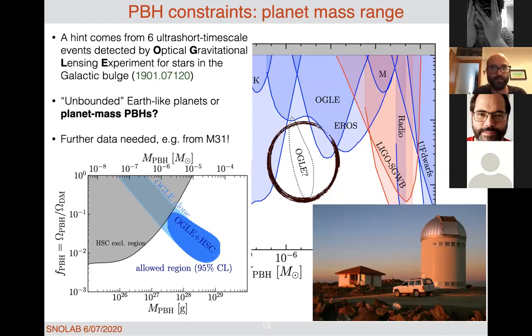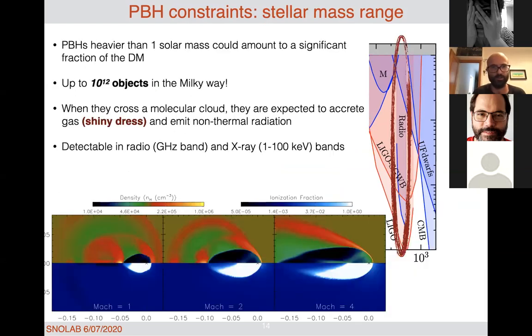And this hint, if confirmed, could reveal that at least a portion of dark matter is embedded in primordial black holes in this mass range. So this is quite interesting. It has to be confirmed, of course, by independent measurements in other regions.